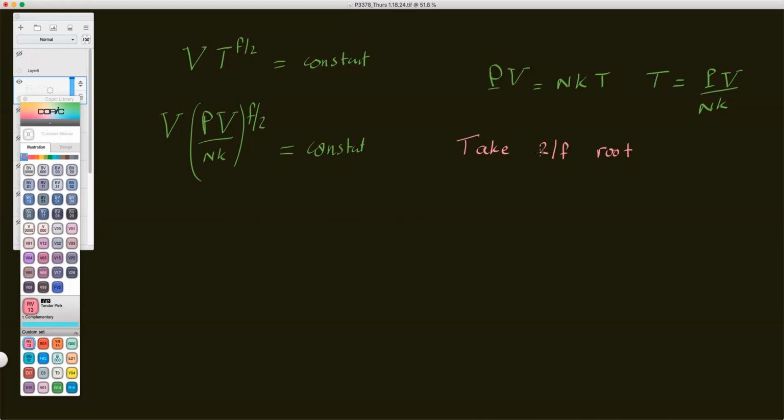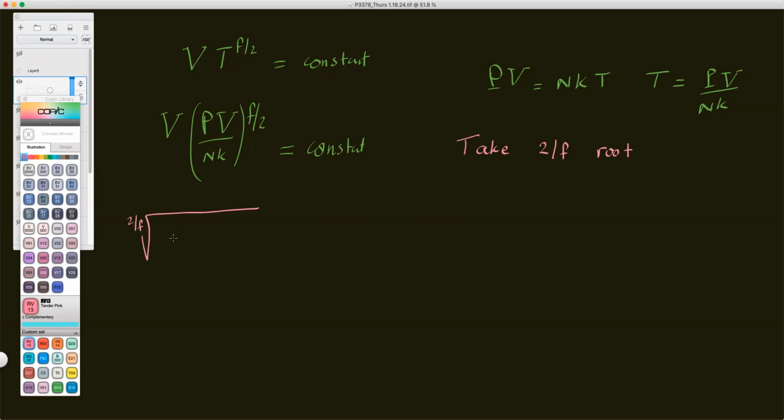So when I take the 2 over F root of the constant, it doesn't matter, it's just a constant. Okay, so let's put everything to the 2 over F root. That's going to give me V. This 2 over F should be in that little square root place right there.